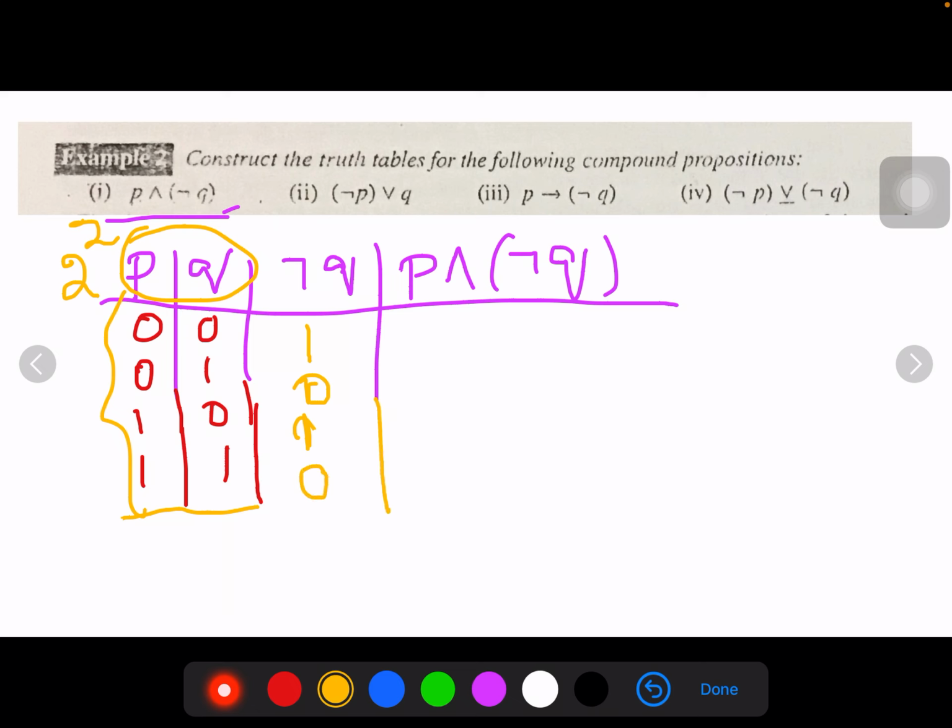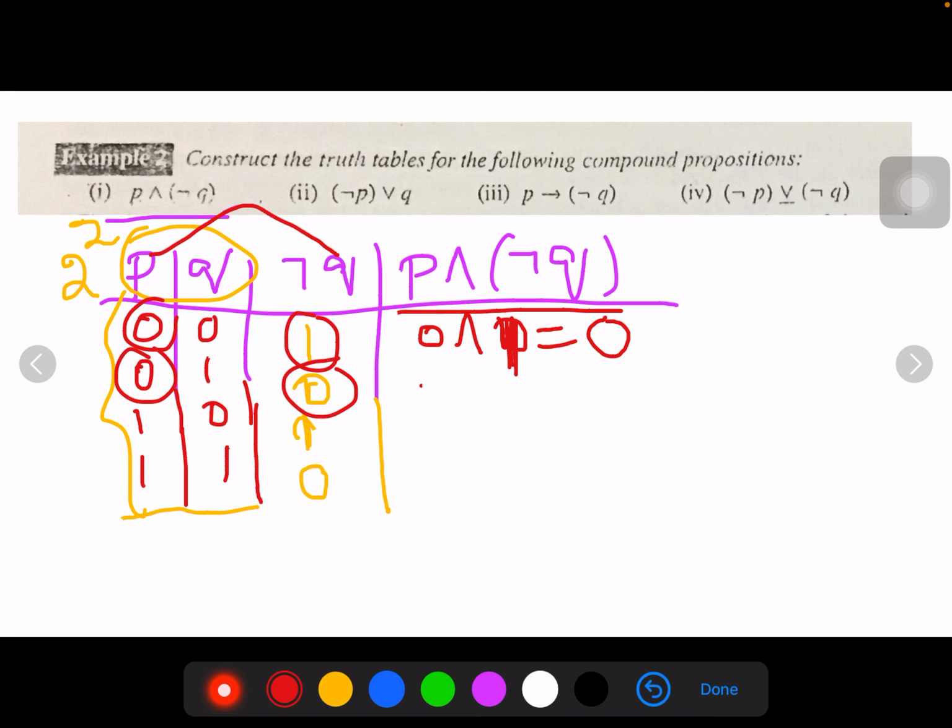Now I have to make an entry here by applying AND between these two. 0 and 1 becomes 0, as per the conjunction connective. Next 0 and 0 becomes 0.